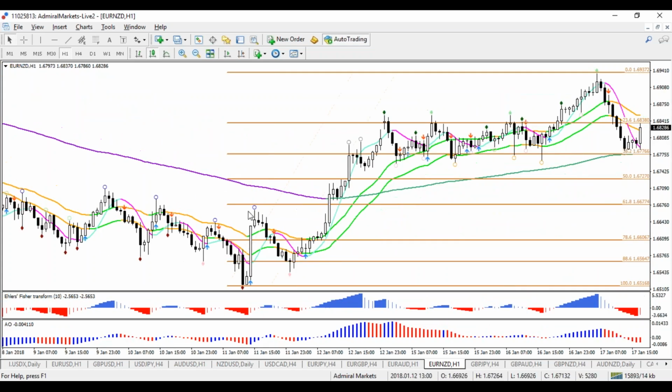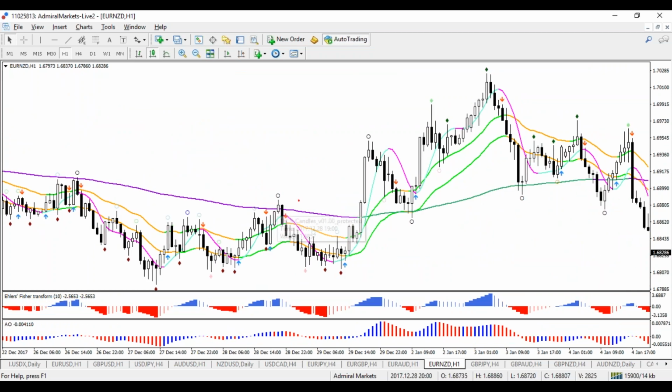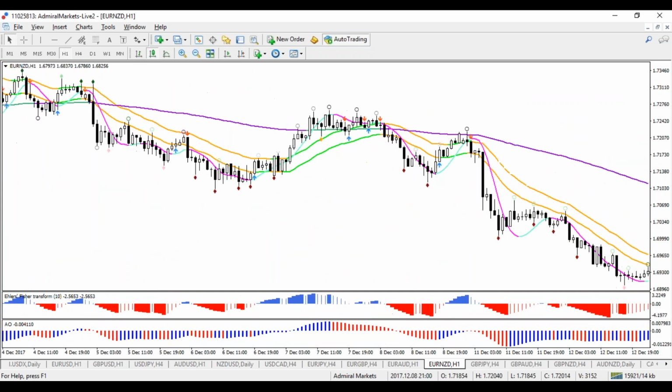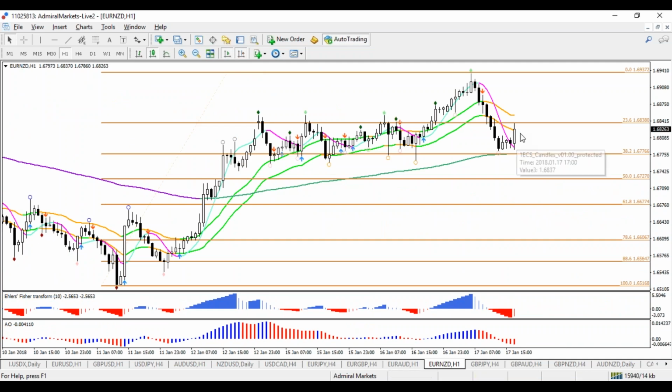Here too, fractals switch from below to above, uptrend continues. Here, fractals below to above. So not only the price relationship to the moving averages, but the fractal relationship to the moving averages also gives a lot of info about the trend. You can still see fractals at the moving averages, and downtrend still continues. That could be useful info if we get price that breaks, pulls back, and continues in fractals here.